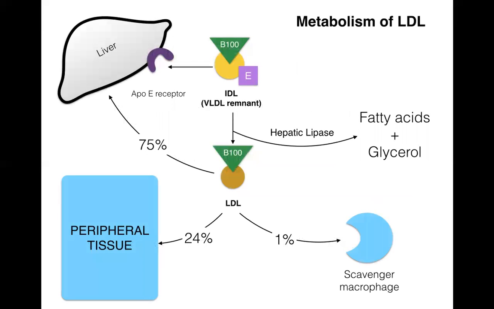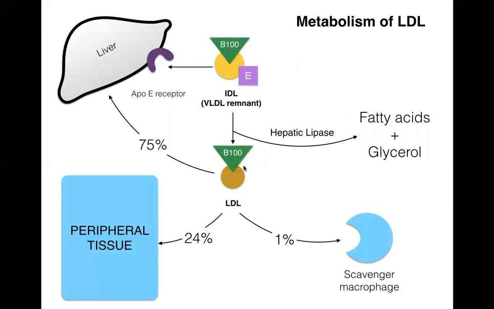So in this illustration, we can see that IDL can either return to the liver or be converted into LDL when it loses ApoE and is acted upon by hepatic lipase.